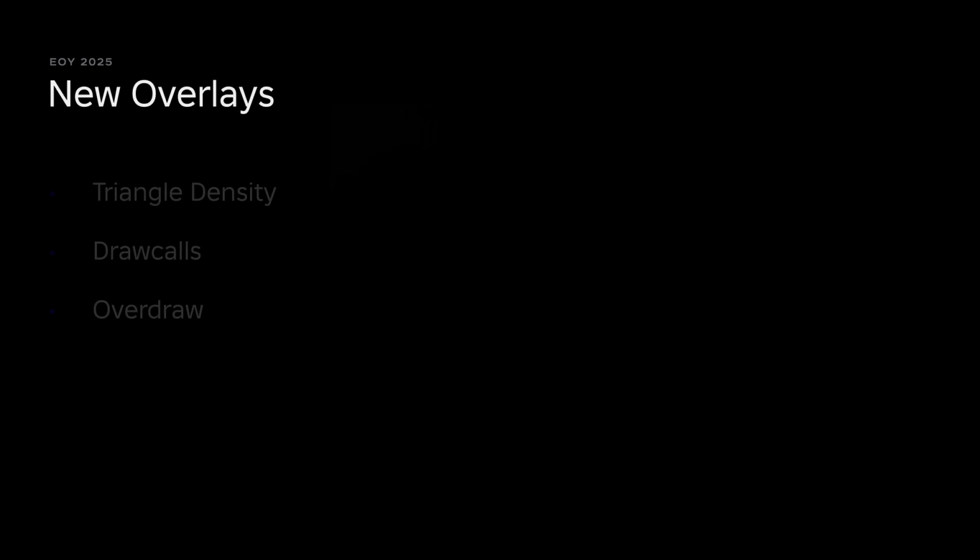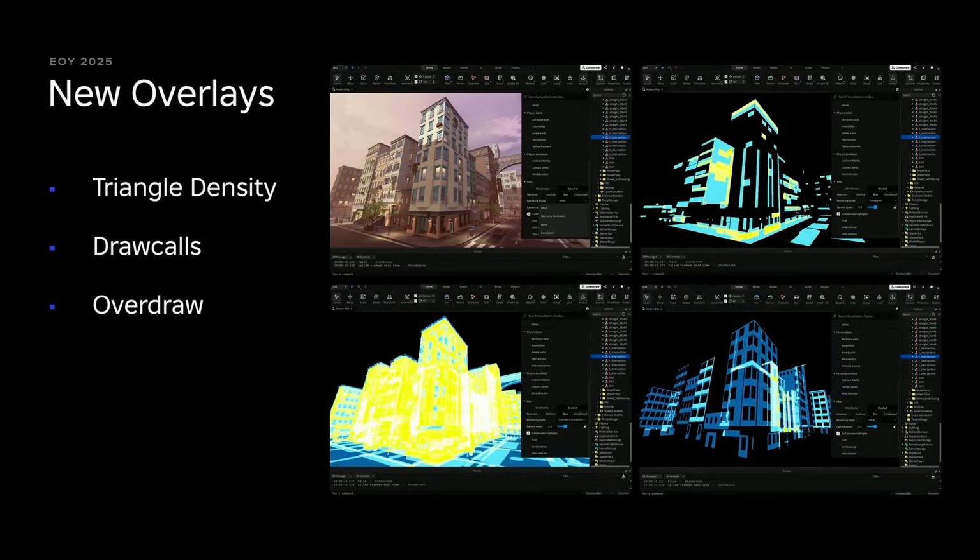Next, this will be a new feature. In Studio, we're going to introduce new overlays. I'm extremely excited about this feature because it has been requested by the community and even our internal developers for multiple years since I've been here. On the top left is the original view in Studio.